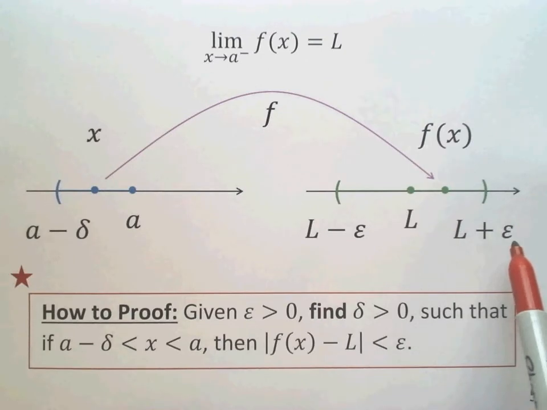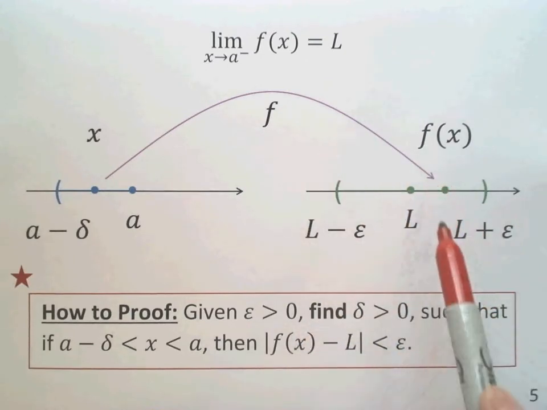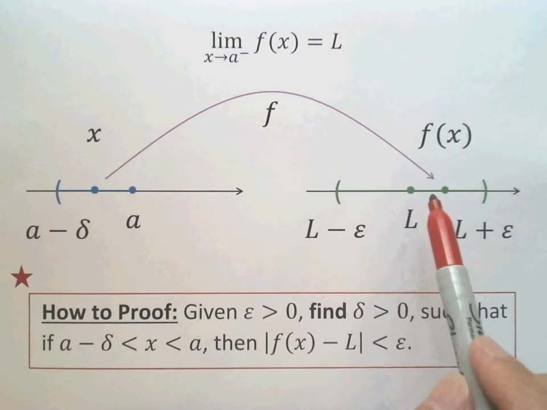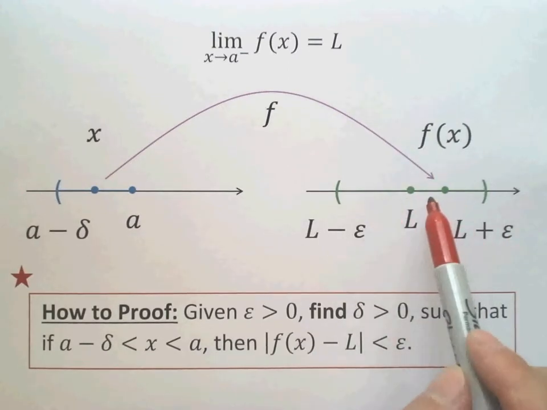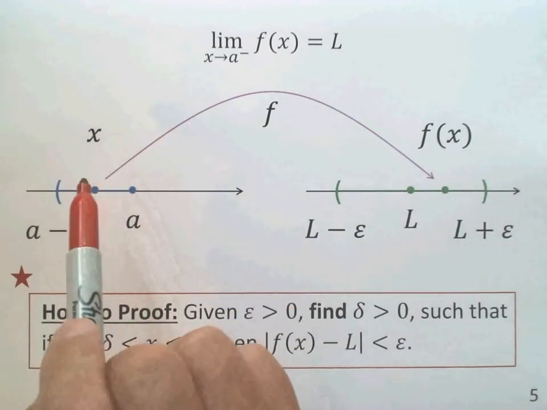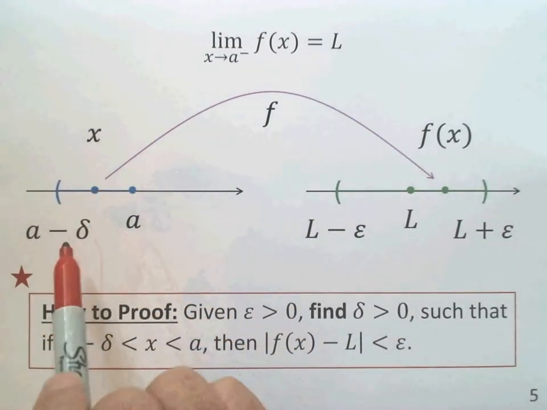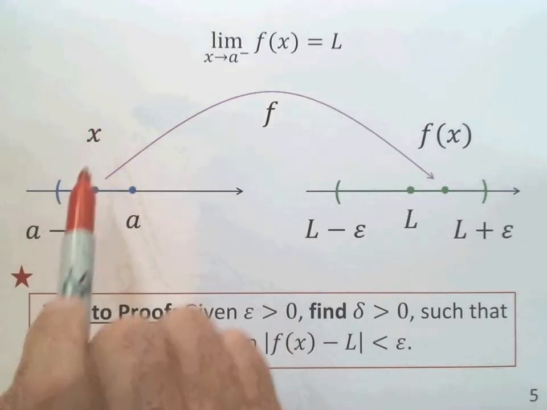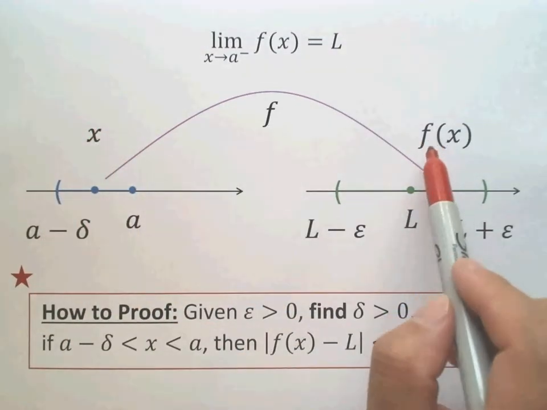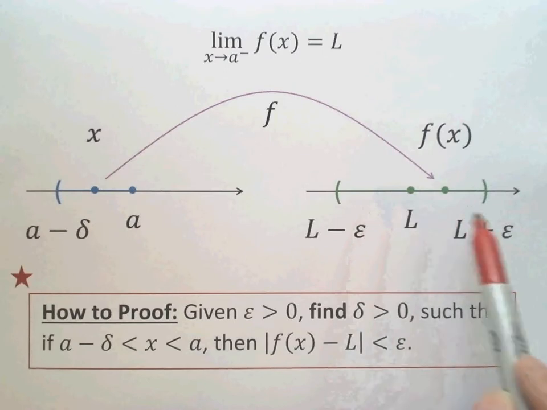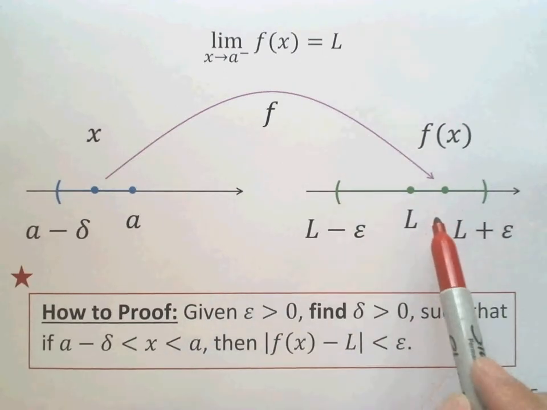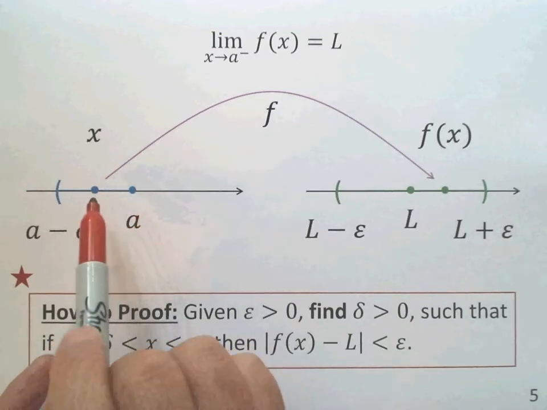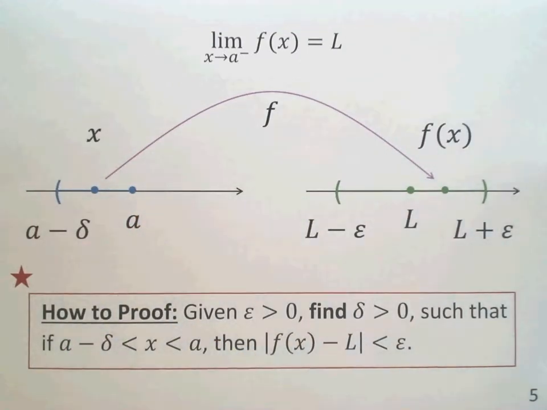Which means for a given epsilon, f can be made into the epsilon neighborhood of L, arbitrarily close. How? If x is going to the delta neighborhood of a on the left side. See, if x is going to here, then f(x) is going to the epsilon neighborhood of L, which means arbitrarily close, right? By taking x sufficiently close to a on the left side.